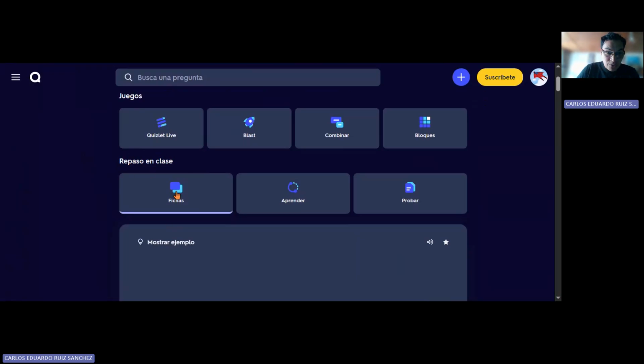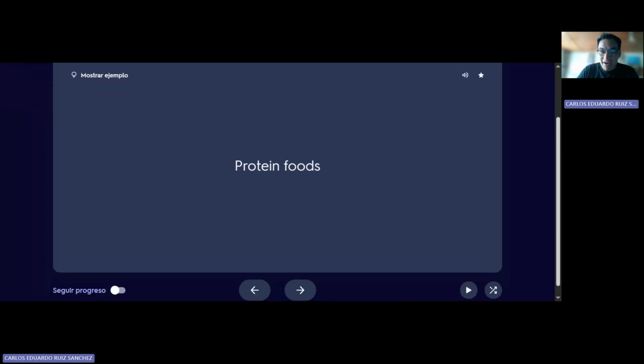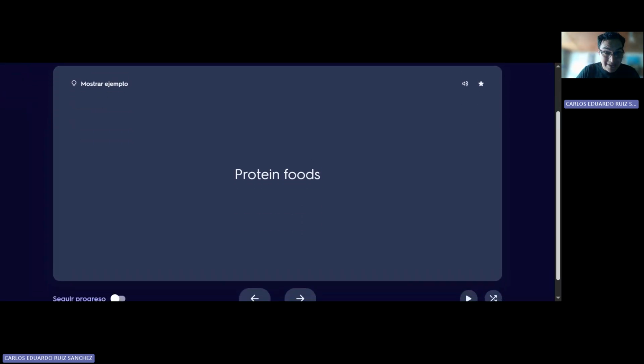Okay, you are going to click here. Yes, in Spanish, fichas, click, and we're going to have some vocabulary to practice with an activity using that vocabulary. Then we are going to use the vocabulary to identify some countable and uncountable elements.